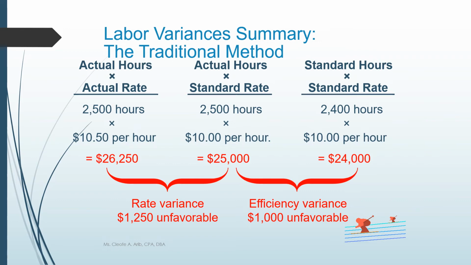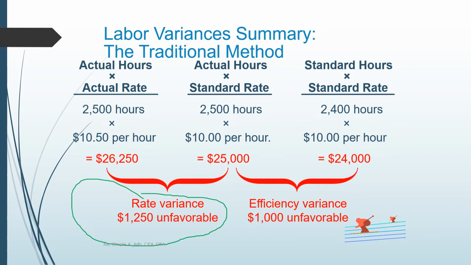So first, let us compute your labor rate variance. Now, if you will recall, the same formula lang ito sa inyong materials price variance. Yun lang. It is more appropriate to use rate compared to price if we refer to labor kasi mas may dignity yung rate compared sa price.